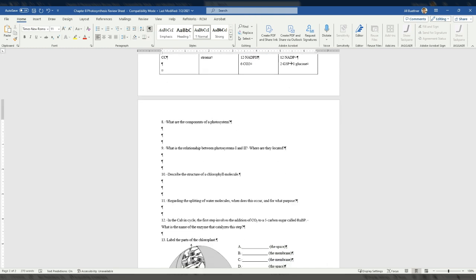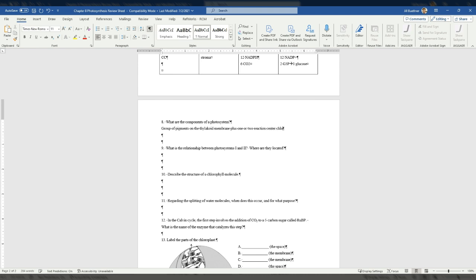What are the components of a photosystem? It's a group of pigment molecules. And remember, pigment molecules are bound into the thylakoid membrane, with the porphyrin ring facing up to catch the sunlight. So this is like hundreds of pigment molecules in a grouping, a lot of chlorophylls, and then some other kinds of pigments, plus 1 or 2 what we call reaction center chlorophylls.